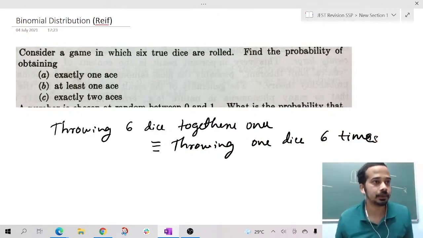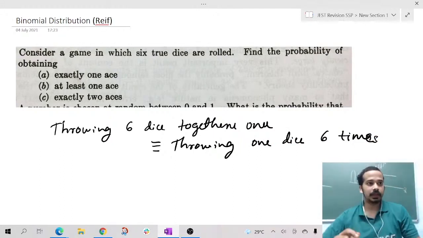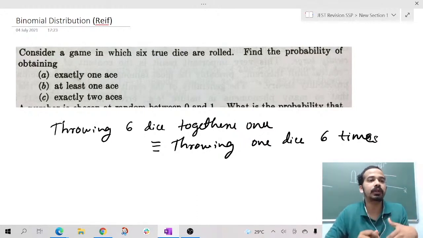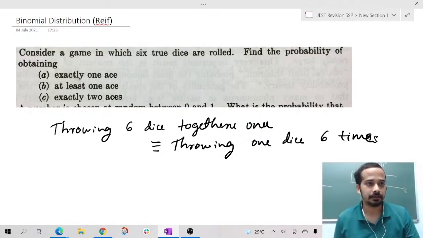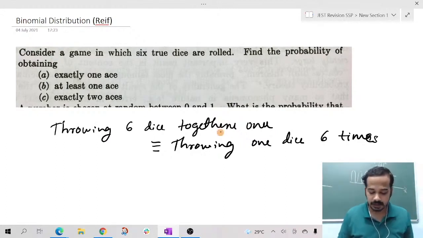Can I write like this quickly? Yes. Throwing 6 dice together once, that's equal to throwing one dice 6 times, isn't it? And whatever the probability you discuss here, the same probability you can discuss here also, isn't it?